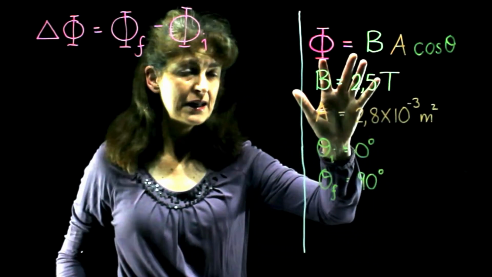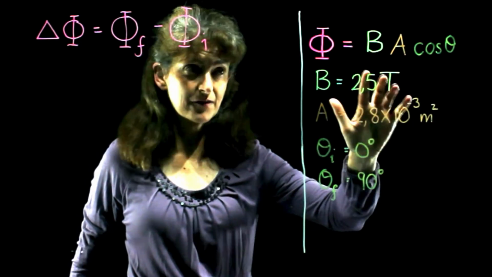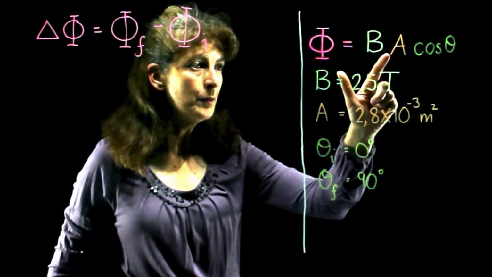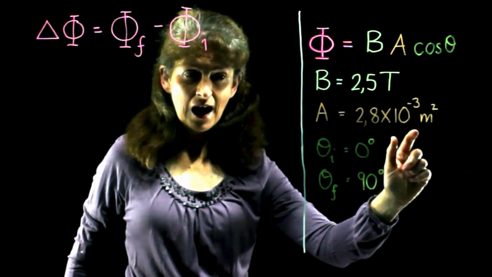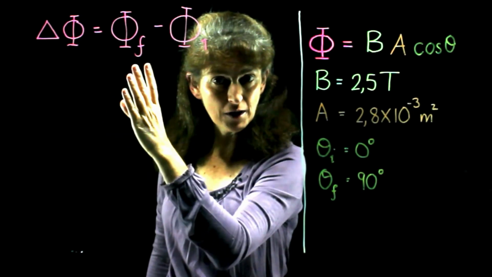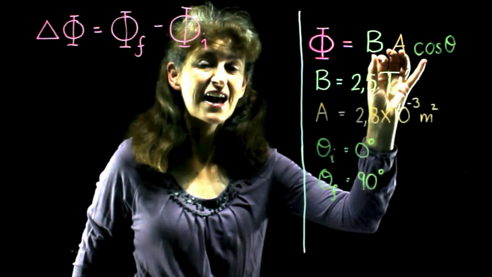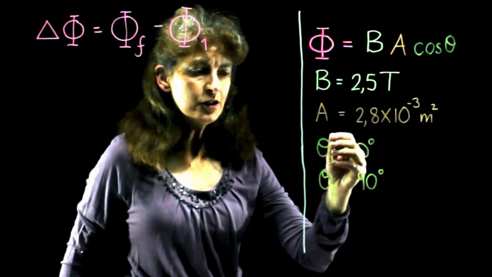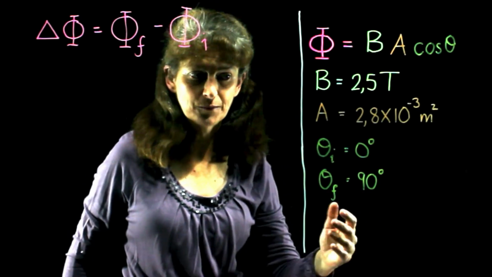Magnetic flux is calculated as B, which is 2,5 Tesla, and that's not changing between final and initial, multiplied by A, area, here we have it, and that also is not changing between the initial and the final states, multiplied by cos theta, and that is changing because the angle changes from 0 degrees to 90 degrees during this rotation.